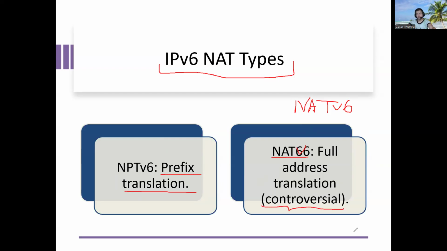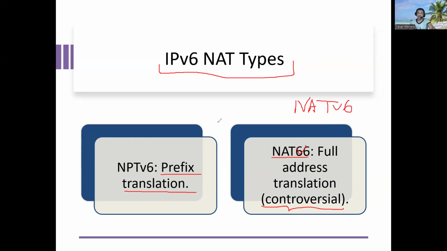Controversial. Interesting. So it's not really that necessary, in the sense that we don't need NAT as much as we need it with IPv4 addresses, but it's still being used just for emergencies.